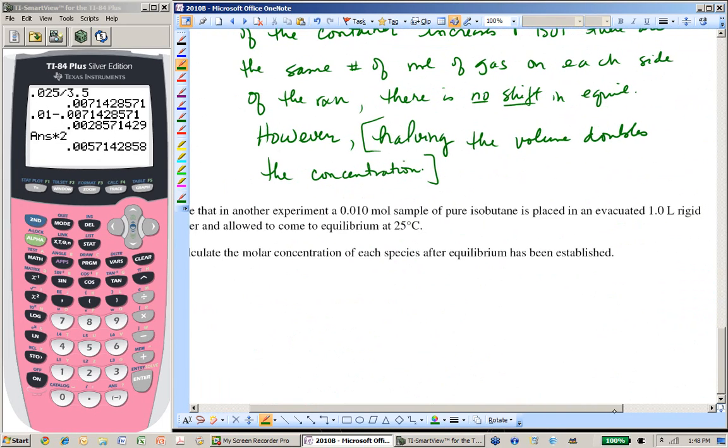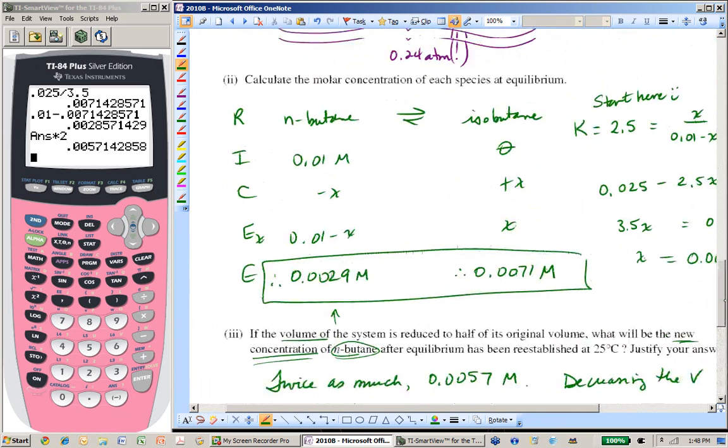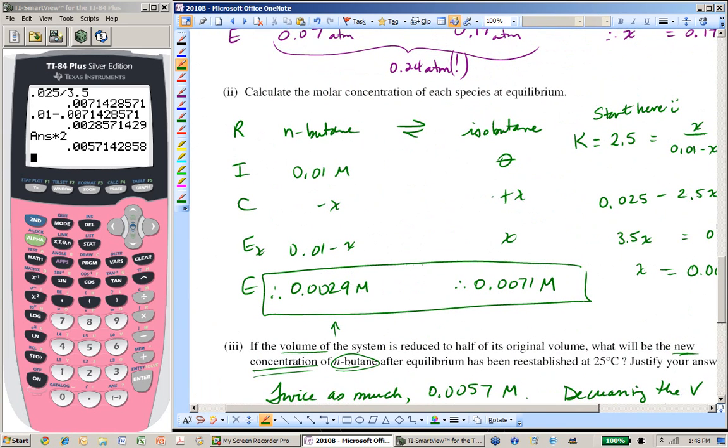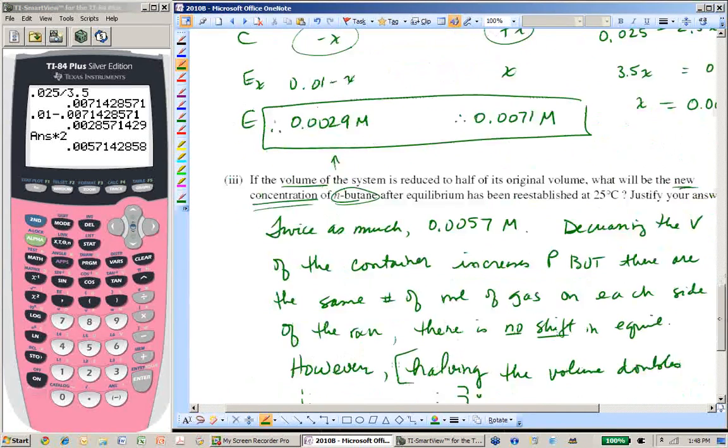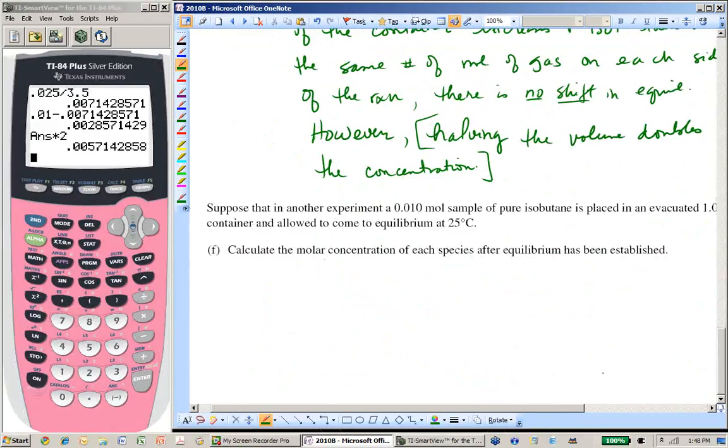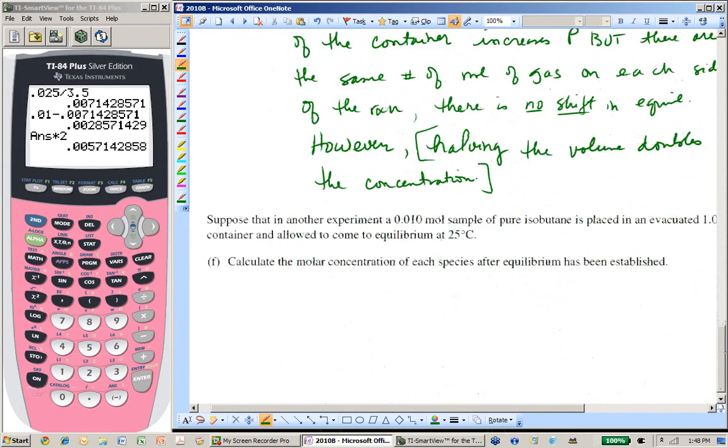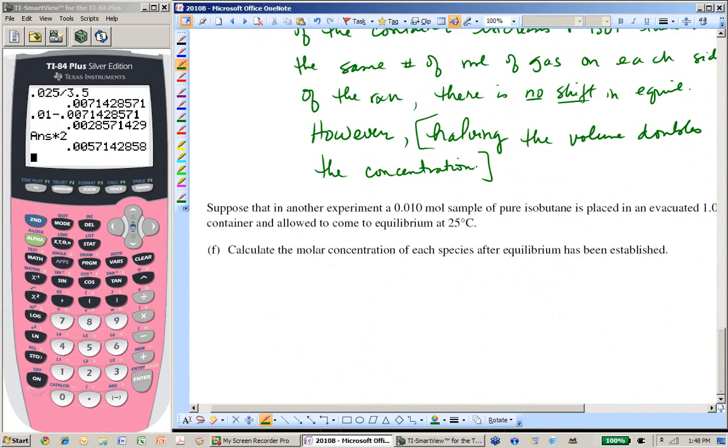It's the same calculations. The only difference is, in your Rice table, this would have been a minus x over here, and this would have been a plus x. But you're just going to swap these two concentrations, and there's no difference here. The concentration is going to be exactly the same. It's going to reach equilibrium. So the ratio, K, never forget, is a ratio of products over reactants and is temperature dependent.